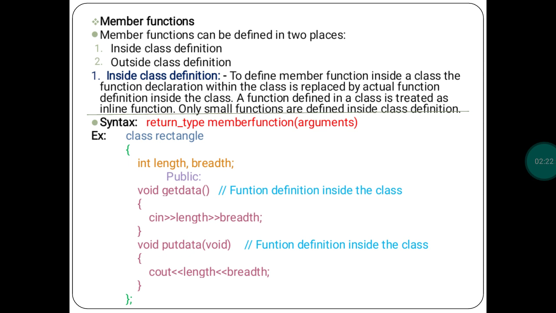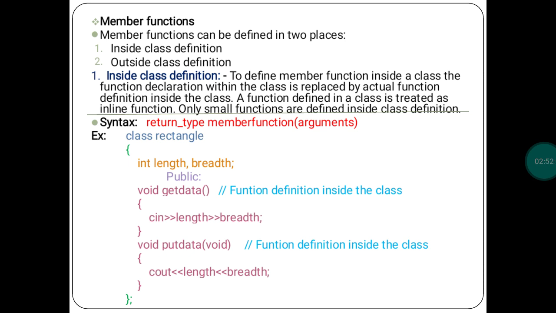You can use the inside class definition when your program code is smaller. If your program code is lengthier or complex, we can't use the inside class definition. When the program code is simple, in that case you can use the inside class definition.